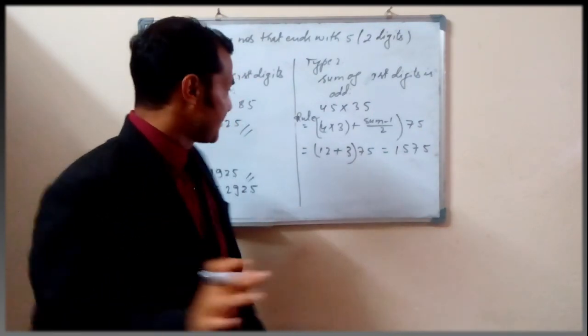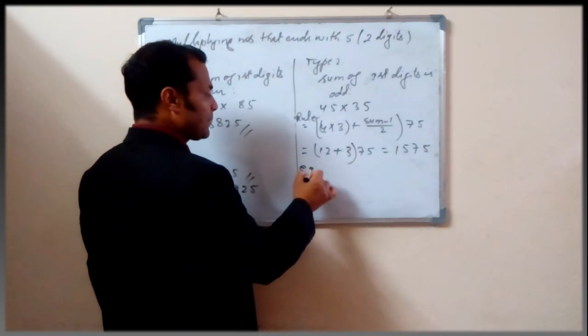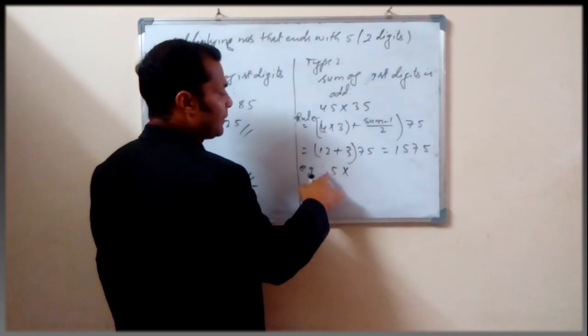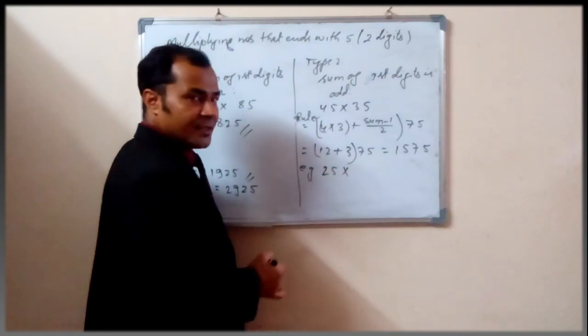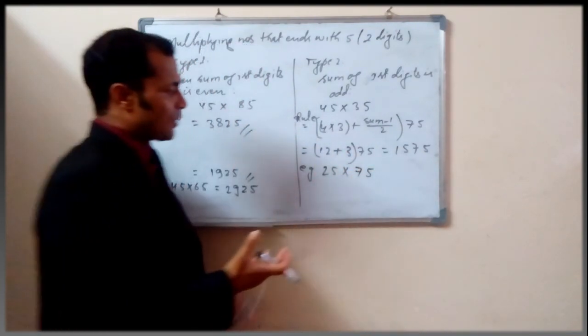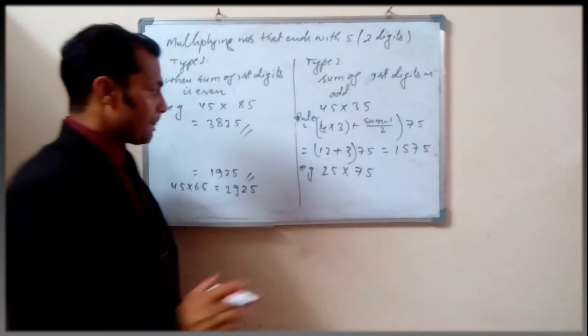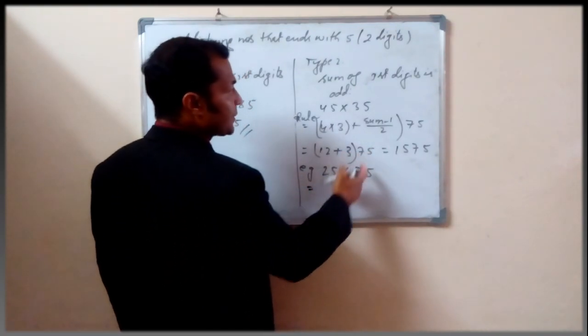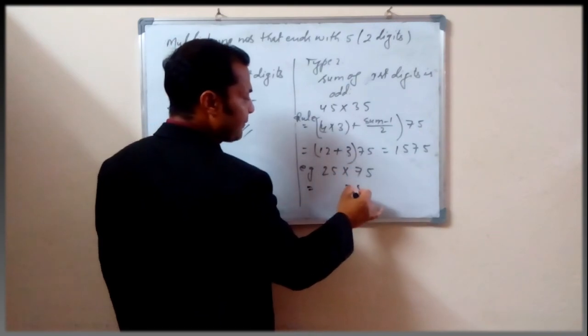Hope you are understanding this. Let me show you one more example over here. 35 into 25. You might be wondering why every time we put 25 and 75. The sum is odd here, so since it is odd, you're going to keep 75.